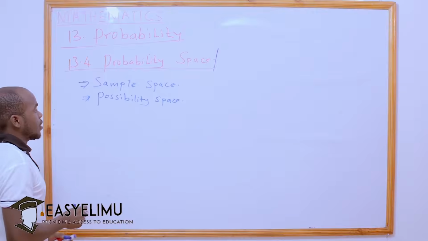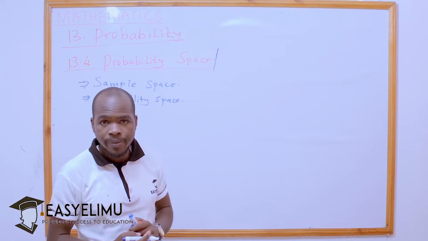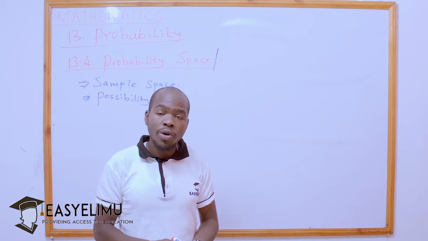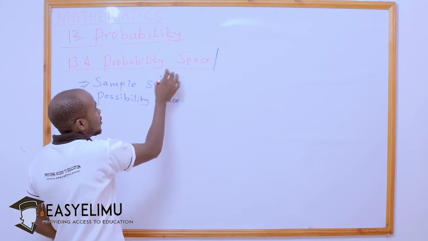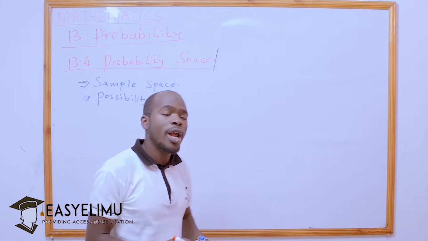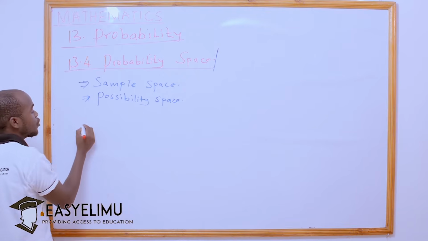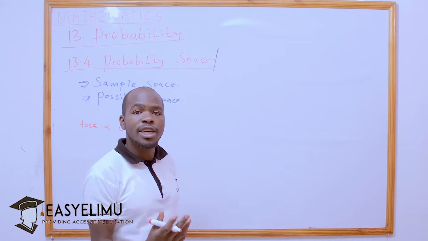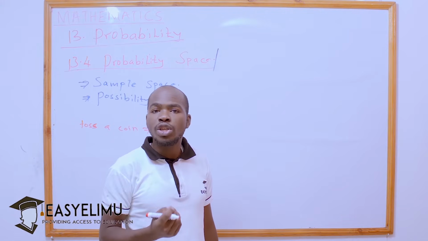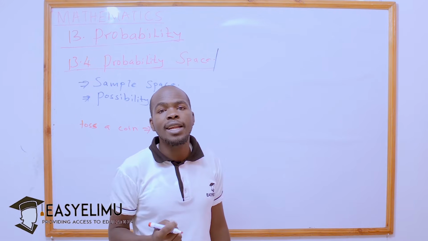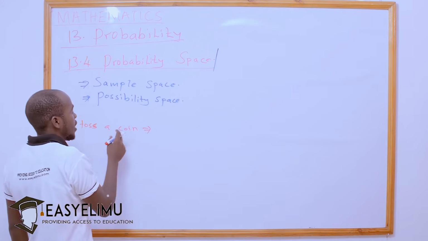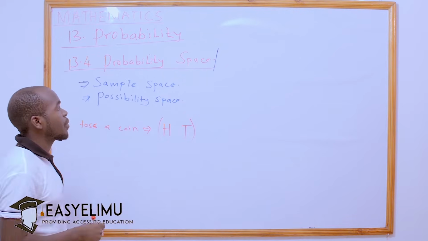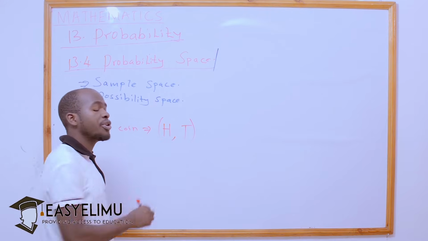For the case of tossing a coin once, the probability space will be 2, because the physical nature of that coin is that it has equal chances of either a head or a tail occurring. So the probability space here is going to be 2.